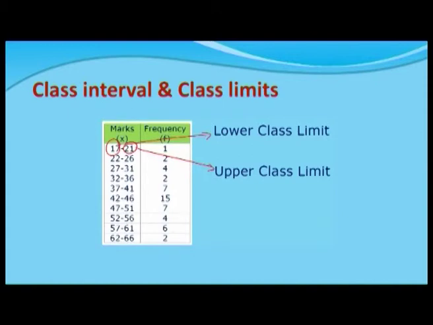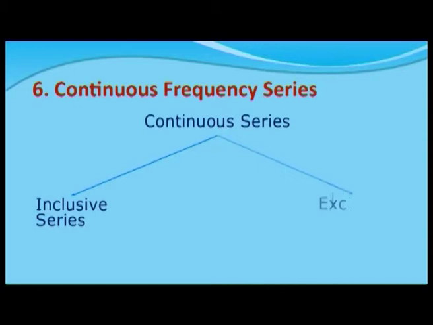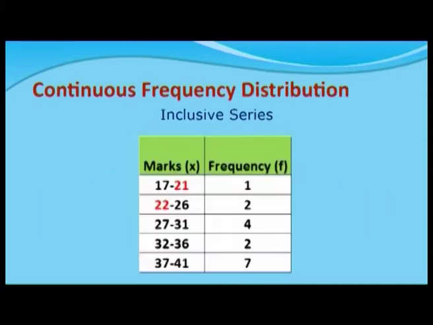Such a table is called a grouped frequency distribution table. Having arrived at a frequency distribution table, we will now introduce a concept called continuous series, and the two most frequently used types of continuous series are inclusive series and exclusive series.